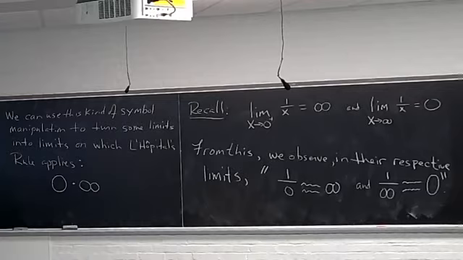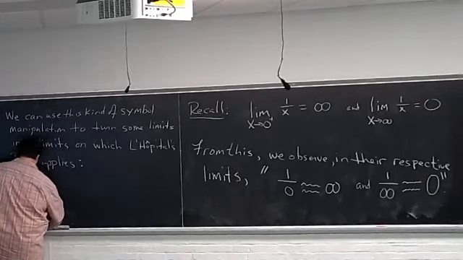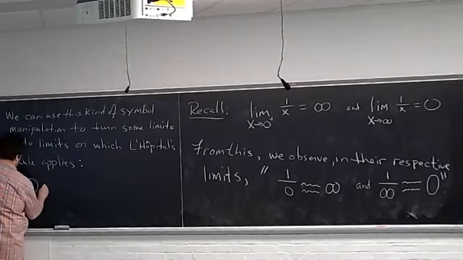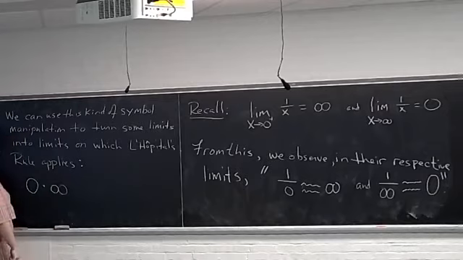And let's write that over a little so I don't go on to the next board. Meaning, with a substitution argument, we get a 0 times infinity. Well, L'Hopital's rule doesn't apply to limits which look like that. L'Hopital's rule applies to infinity over infinity, or 0 over 0.